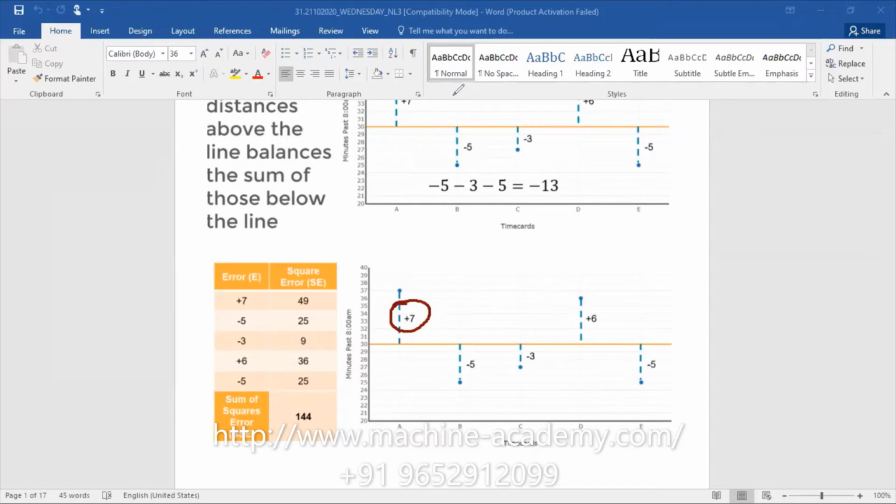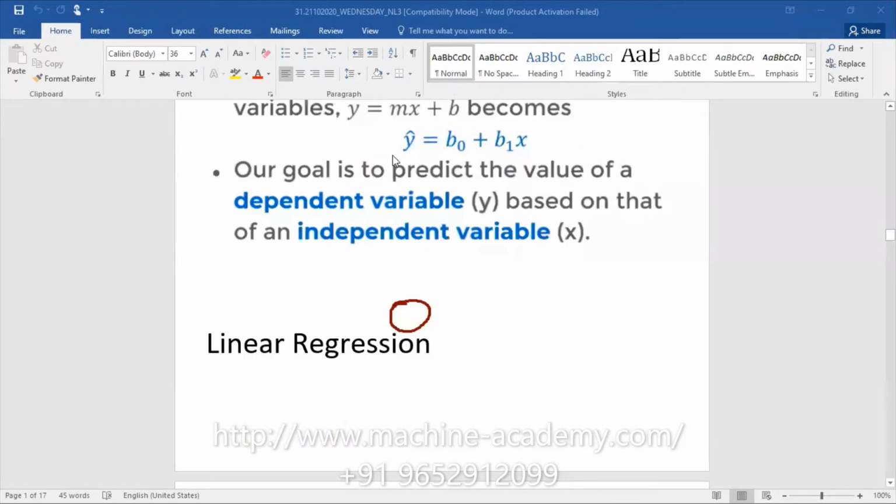Now let us take into consideration one more example, and before entering into an example, let us see one small thing about this particular formula. Observe here, y cap, y equal to b naught plus b1 x1, where this is a linear formula.